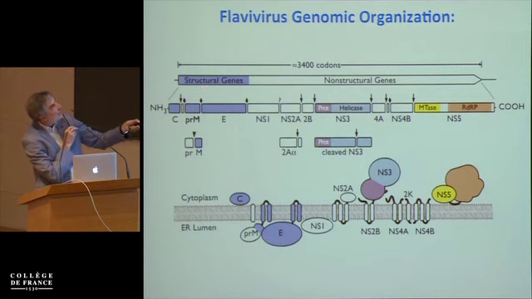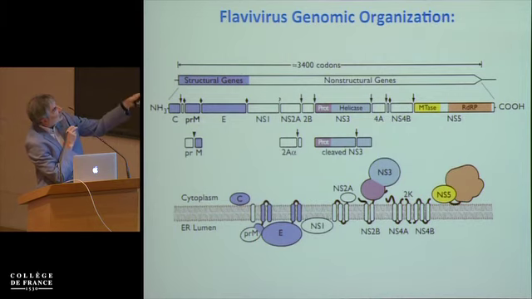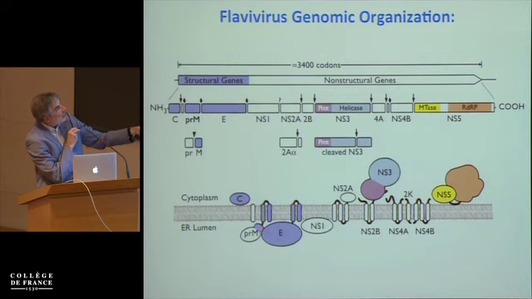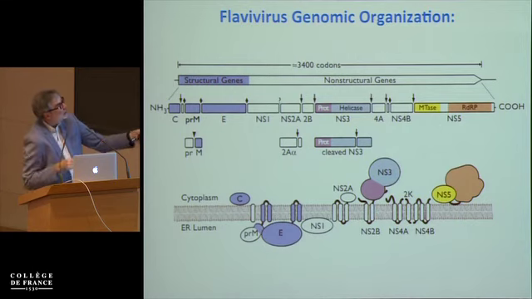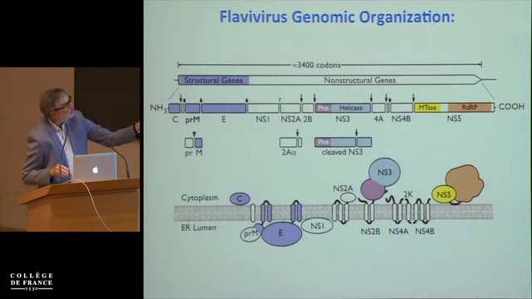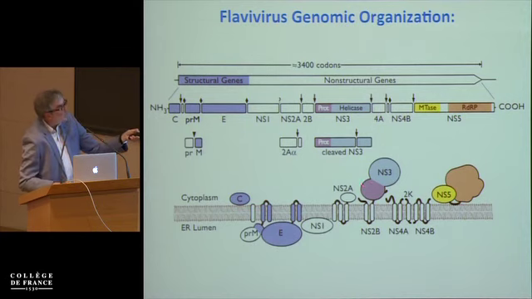This is the open reading frame with the structural genes here, and all of these are the enzymes for replication that are inside. This is the cytoplasm. This is the ER lumen. These are the genes present in the virus particles. The capsid is in complex with the genomic RNA, and these are the envelope proteins. And the polymerase NS5, and the protease NS3, and many others.